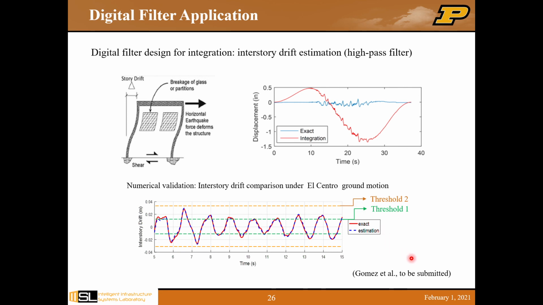But the tricky part is that, in order to get rid of the low frequency noise, we completely remove the low frequency component. In that case, we can never obtain the residual displacement, which means we can only obtain the relative displacement, right? Because we are missing some initial low frequency components. So that's the main drawback of this solution.